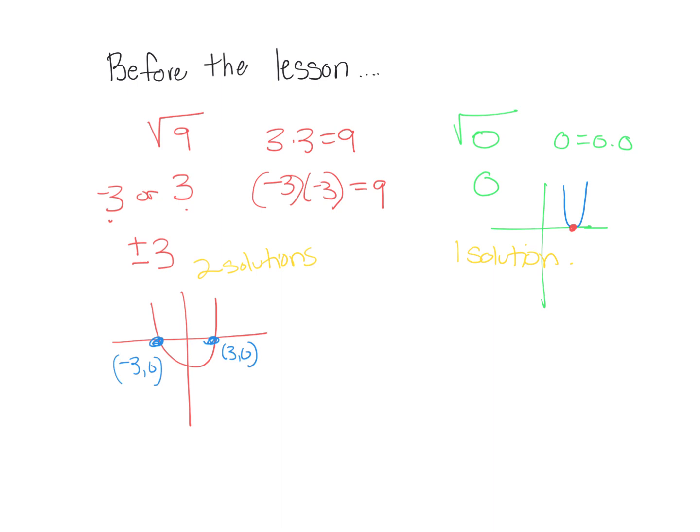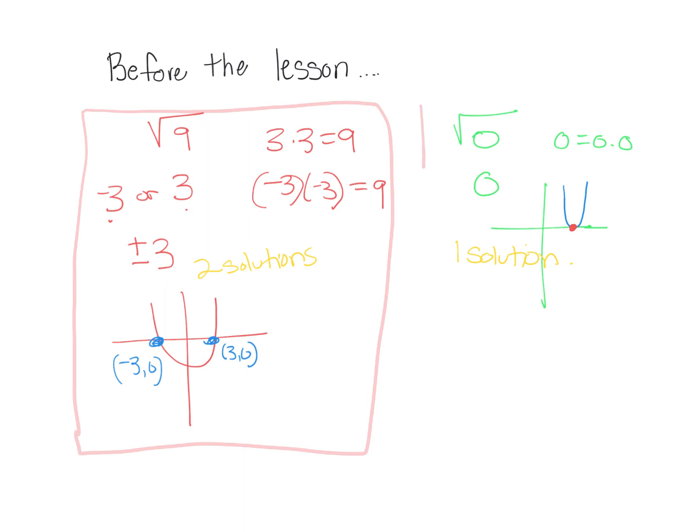Okay, so right here we looked at what if we have the square root of a positive number. We used 9. We could have used any number. Here we looked at what about if we have the square root of 0. And now we're just going to look real fast at what about if we tried to take the square root of a negative number.